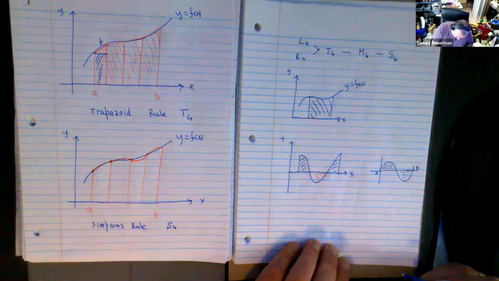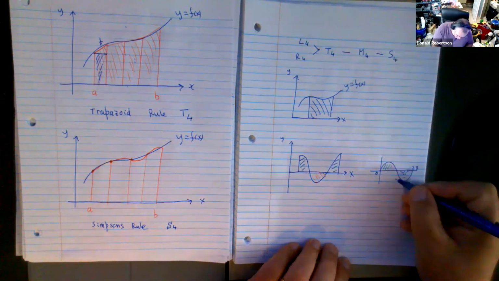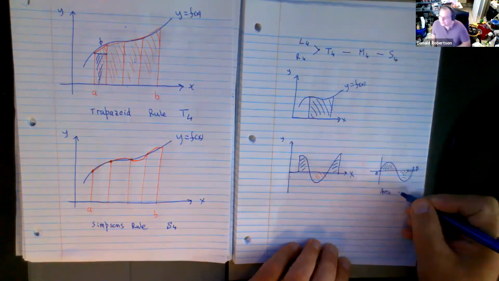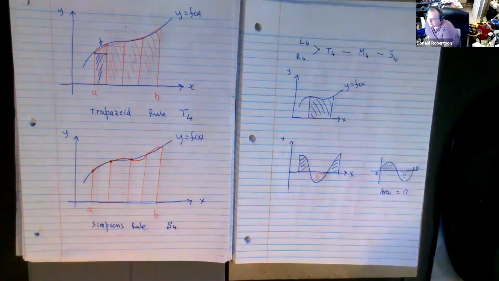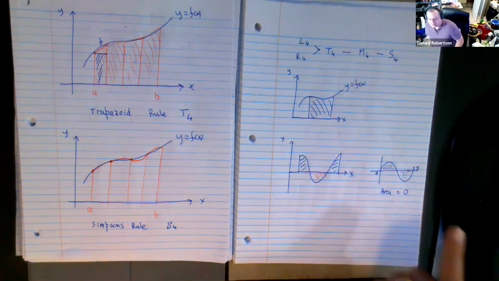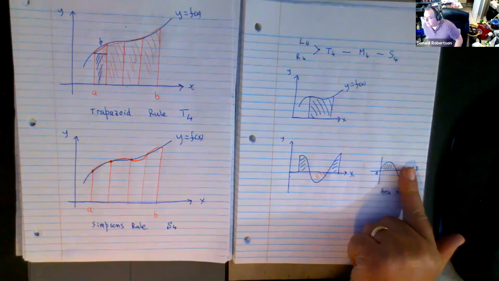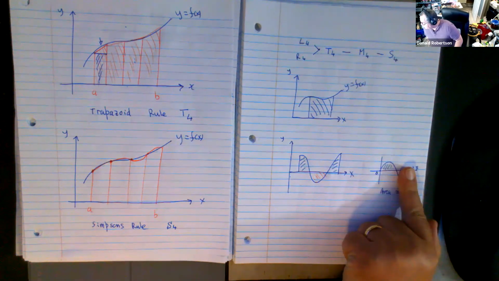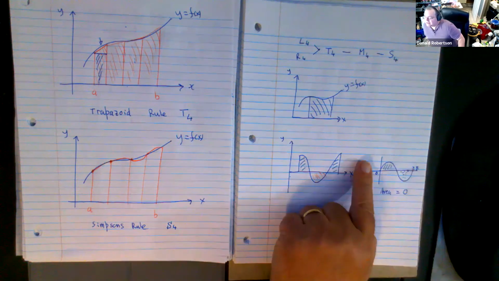The area under this curve would actually be 0. If I only did this piece, the area would be, I don't know what the area is. Let me do it in my head for a minute. 0 to pi would be 1. And if I did the area of the dotted one, it would be -1.